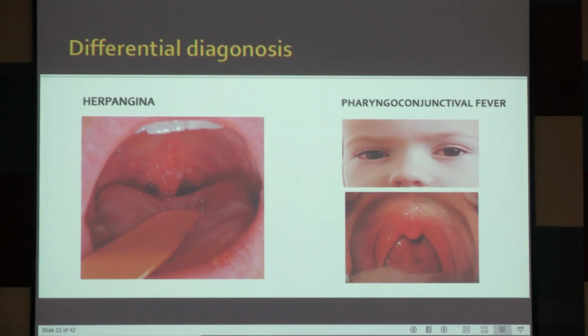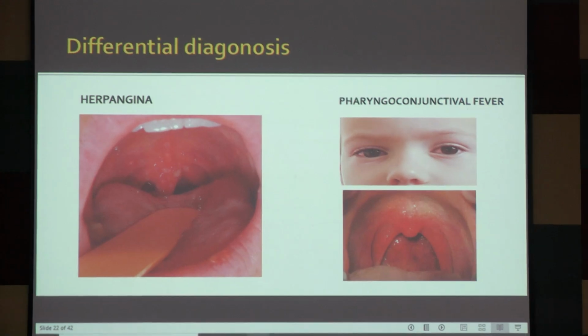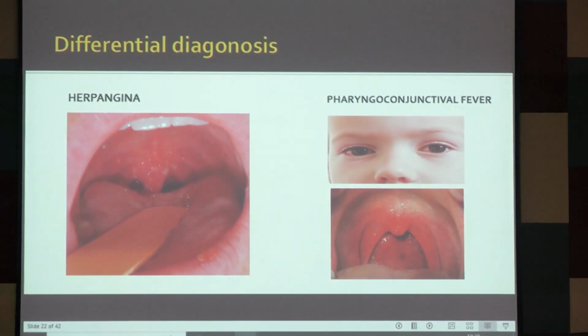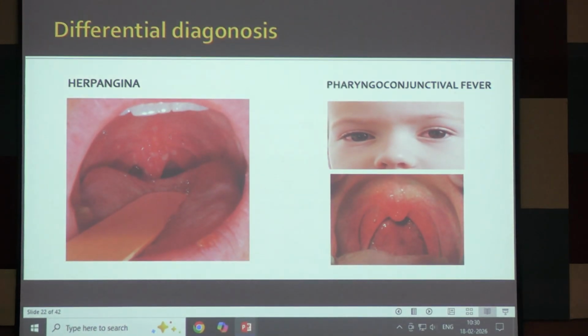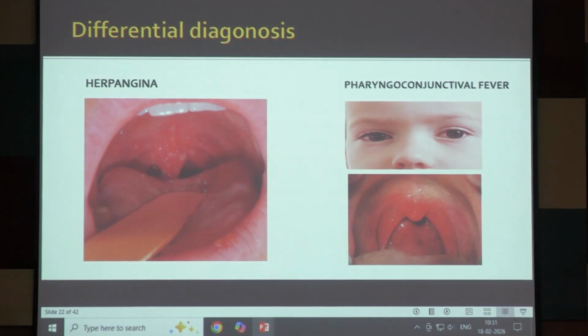And this is pharyngoconjunctival fever. Here the patient will present with fever, pharyngitis, and associated conjunctivitis. Here you can see the congested pharynx and conjunctivitis. This is caused by adenovirus.